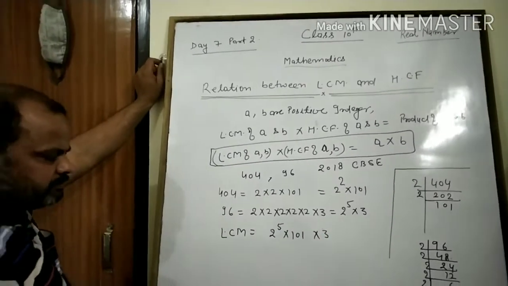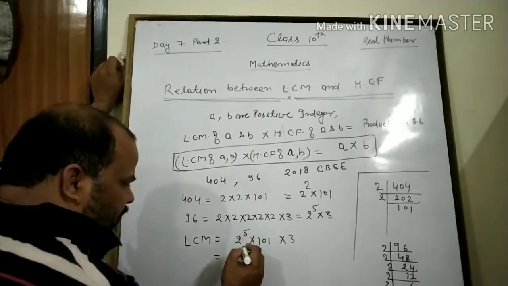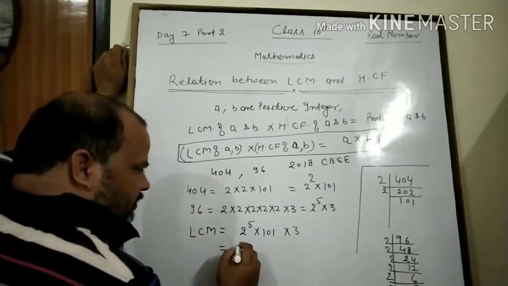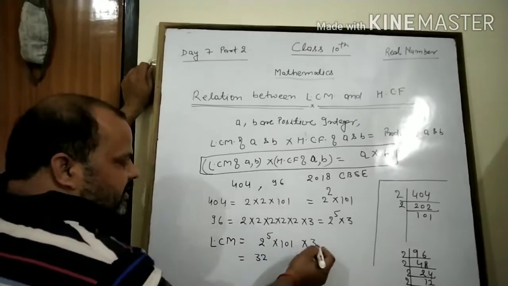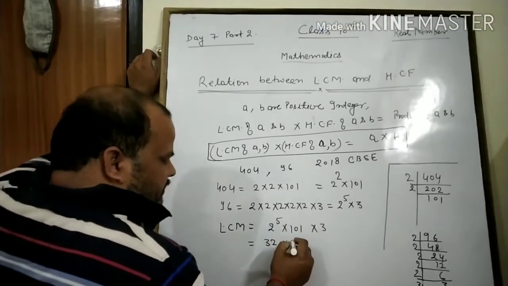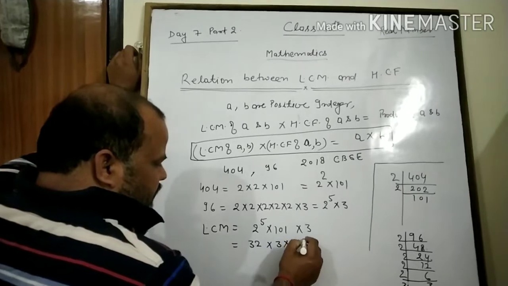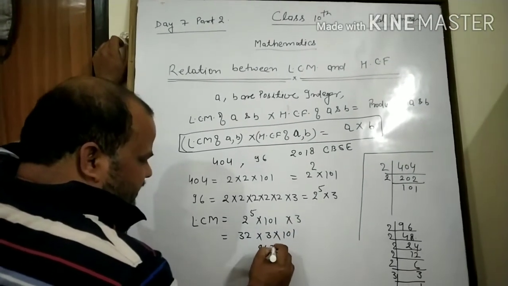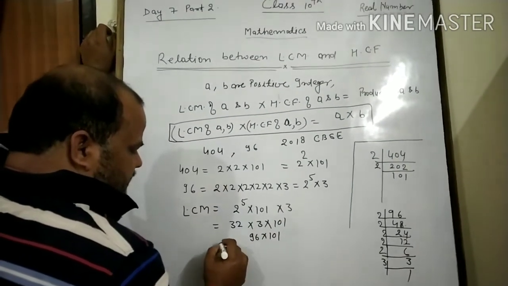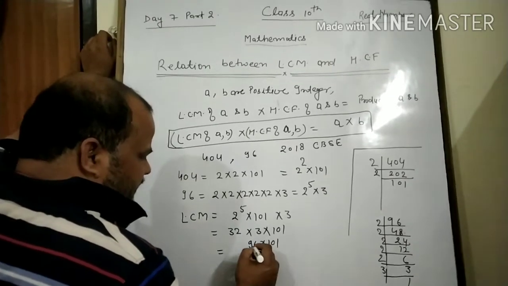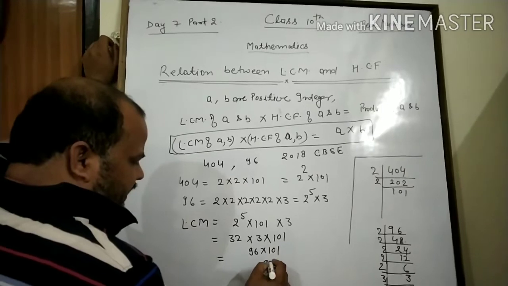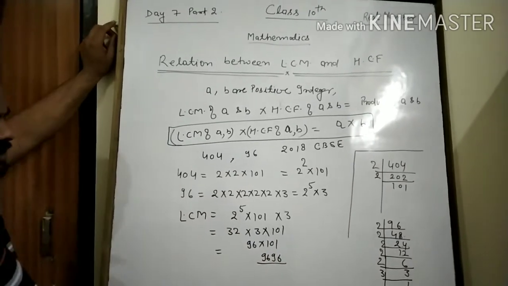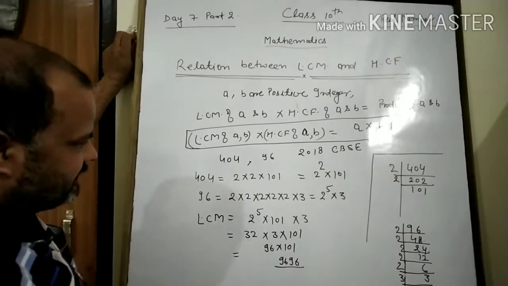Then 2 to the power 5 means 32, and 32 into 3 is 96. 96 into 101 gives 9696. Then the LCM is 9696.